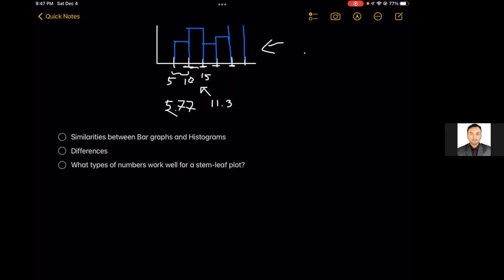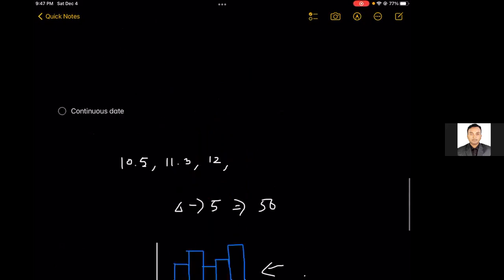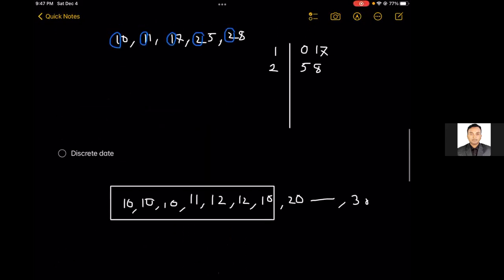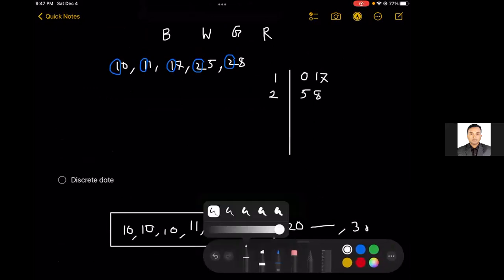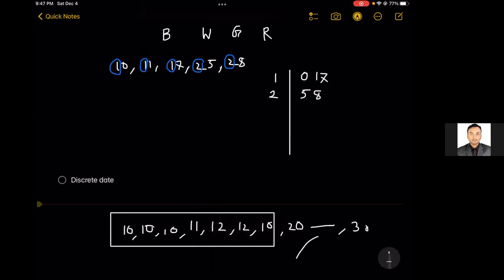If your data set is spread out, as I said, this is the example I'm talking about. If your data set is well spread out, then it's really good. It works very well for a stem and leaf plot. If it's not spread out enough, then it might not be a good option, right?